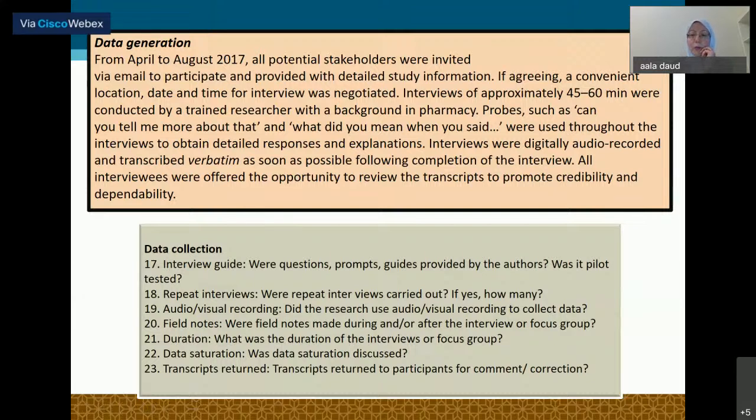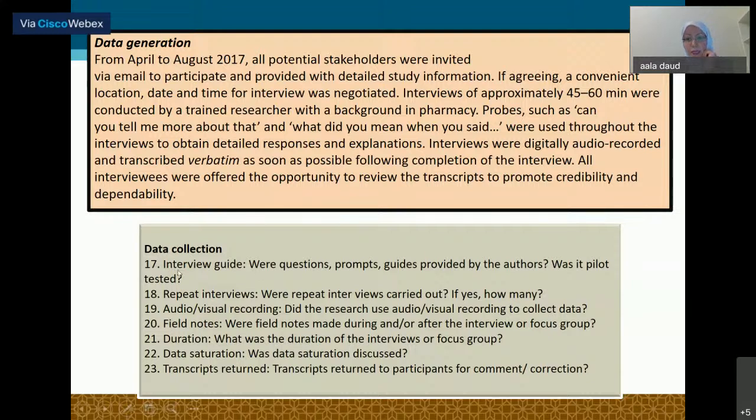So you're stating face-to-face interviews are mentioned, number 19, 20, 21, 23 from the checklist. So you can see that now that we have reached this paragraph about data generation, we've started to gain more and more information about the way this qualitative research has been conducted.